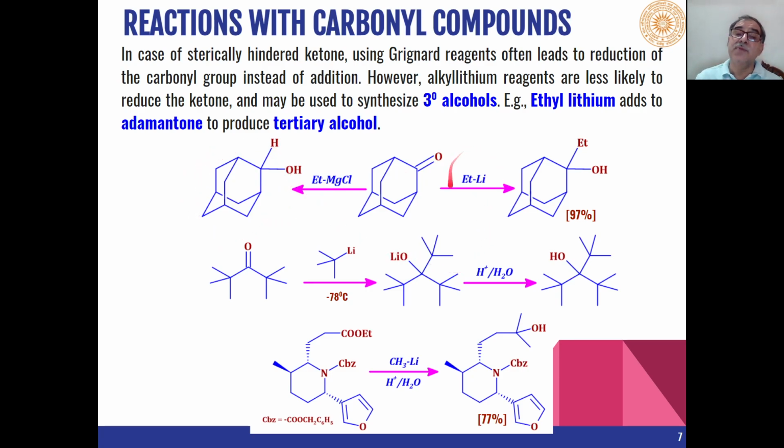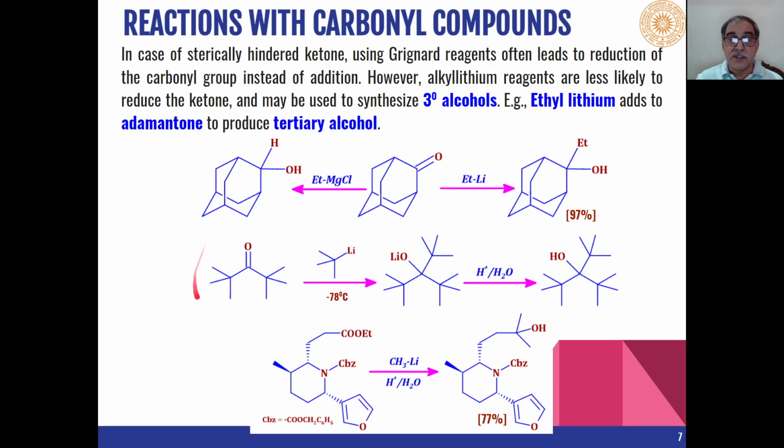But when the same reaction is done with ethyl lithium, then addition of the ethyl group takes place to give us tertiary alcohols as the product. Whereas in this case, we are getting secondary alcohols as the product. So here we are getting the reduction product, whereas here we are getting the usual addition product with alkyl lithium.